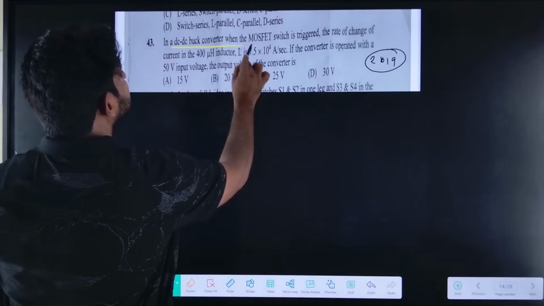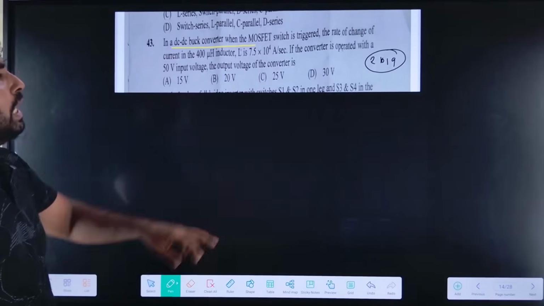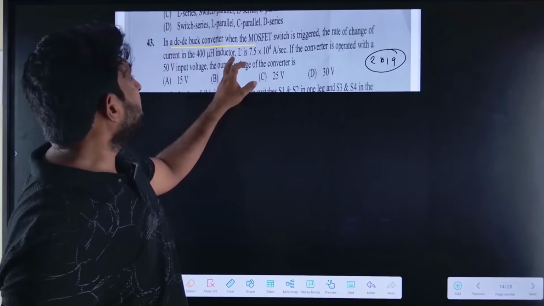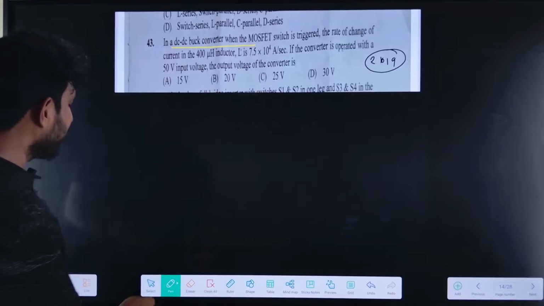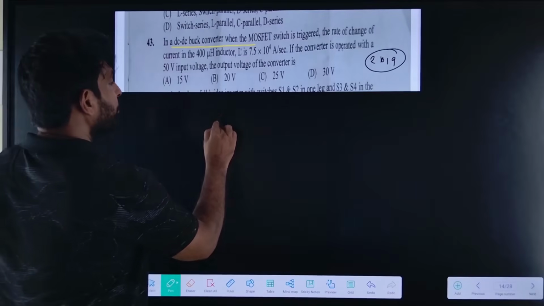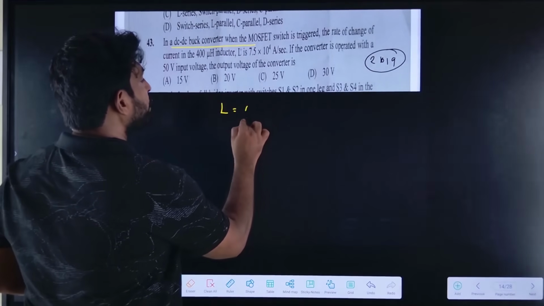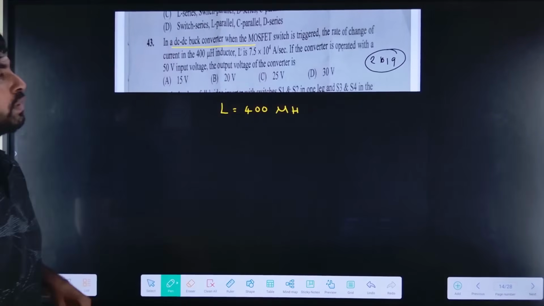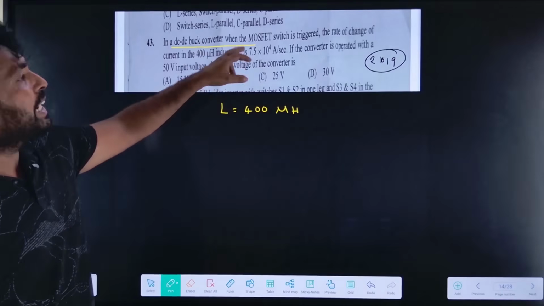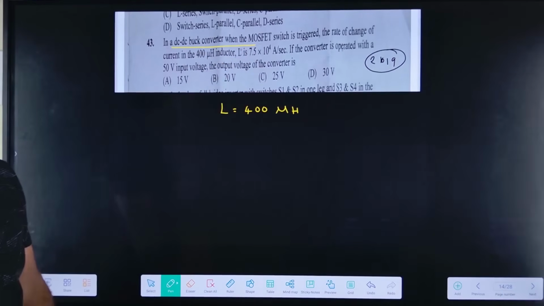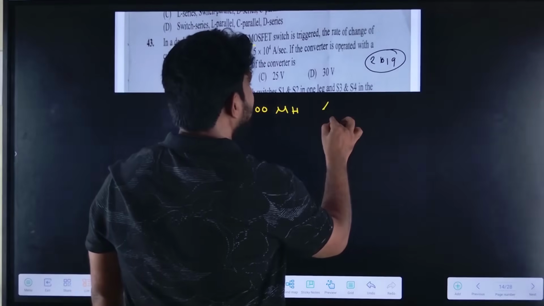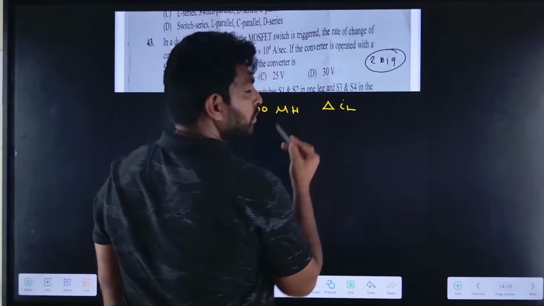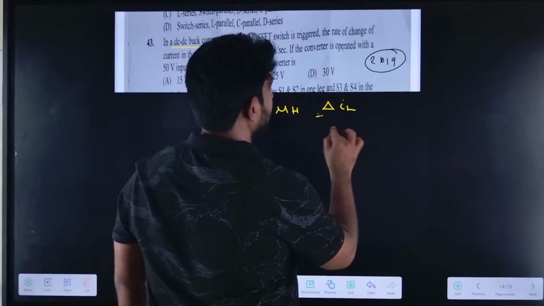A DC to DC buck converter is given. The rate of change of current for the inductance value L, given as 400 microhenry. The rate of change of current is nothing but delta IL divided by dt. So they have given the slope.